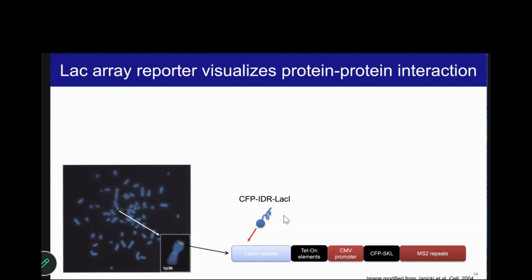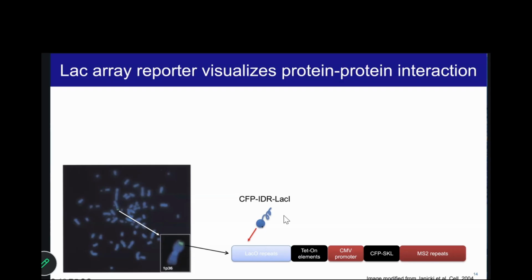And I just want to give you one of the experiments and the related data. Here we use a so-called LacO-LacI system, a reporter system. In this system, the cell has been engineered with the integration of a rather large LacO repeat in one particular chromosome region.